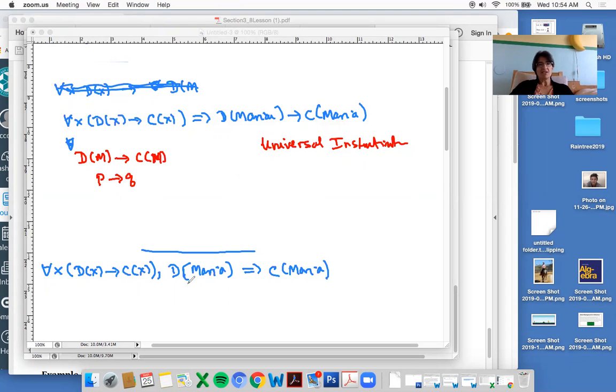So now we also know that the P statement is true, and this is going to imply the Q statement with detachment.